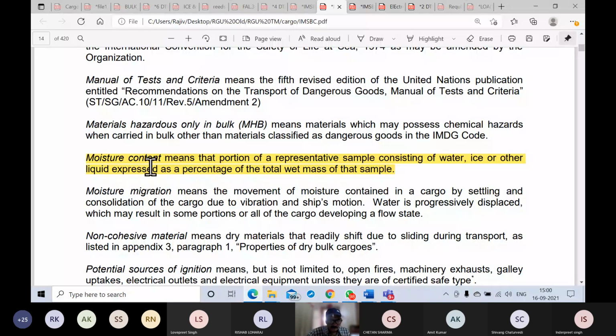Moisture content, MC for short, means the portion of a representative sample consisting of water, ice, or other liquid expressed as a percentage of total wet mass. That is moisture content expressed as a percentage.